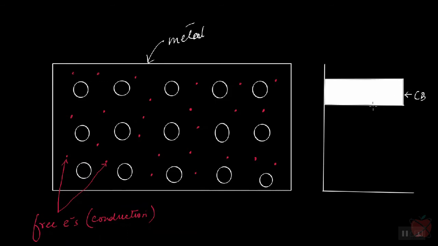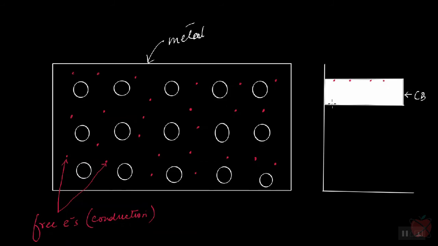Basically, it is the range of energy possessed by the conduction electrons of a solid material or of any material. Is it clear here? So among these electrons also, some of them will have smaller energy, some of them will have higher energy. So the ones that have high energy will occupy, let's say, the upper levels.